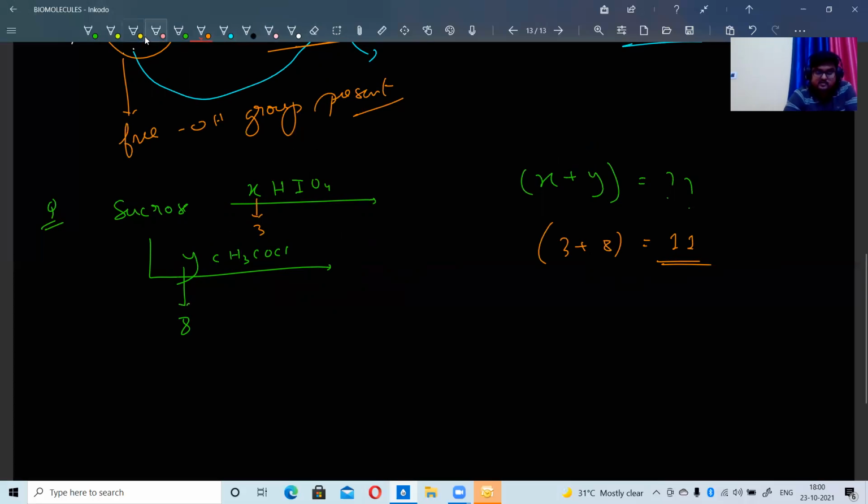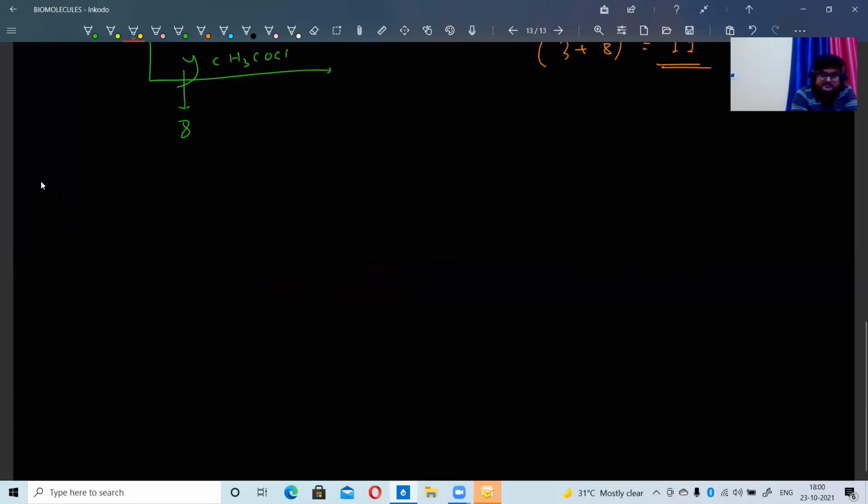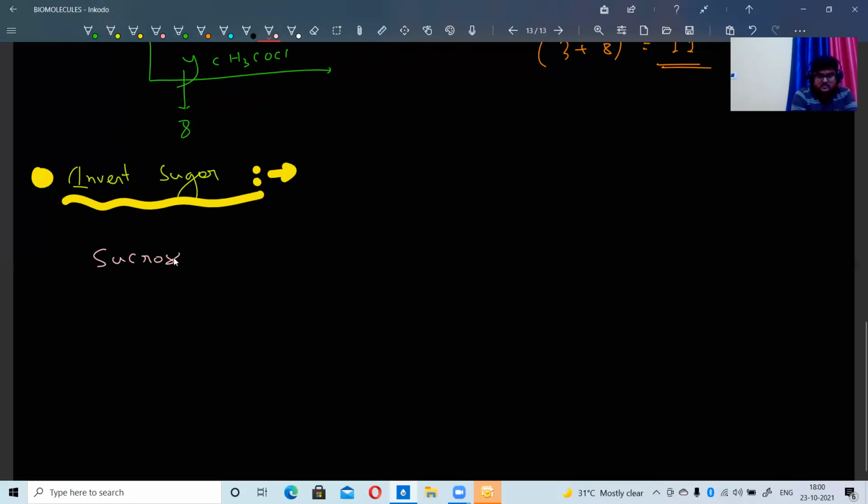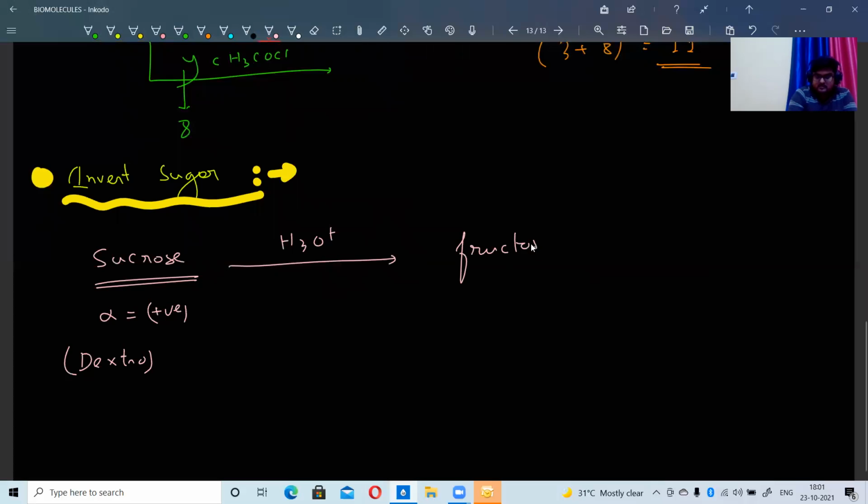Now we are moving to invert sugar. What do you mean by invert sugar? Invert sugar is basically a sucrose system. Sucrose is dextrorotatory, positive. When it reacts with H3O plus, that means hydrolysis, we get fructose and glucose.